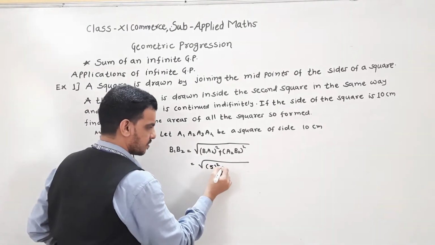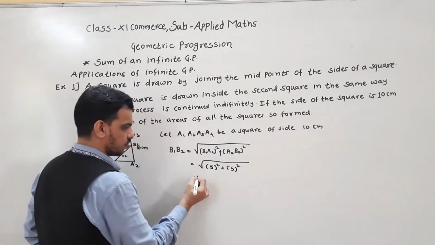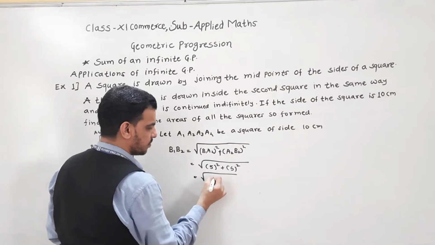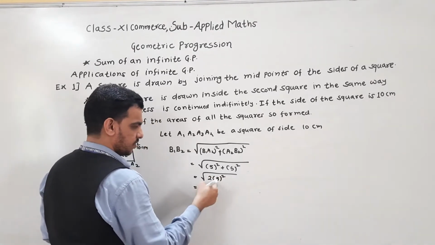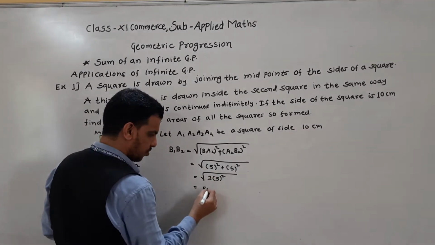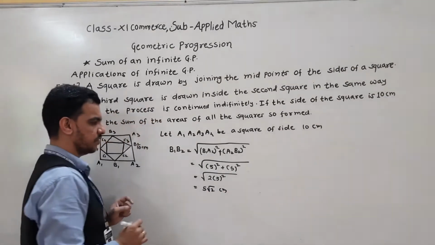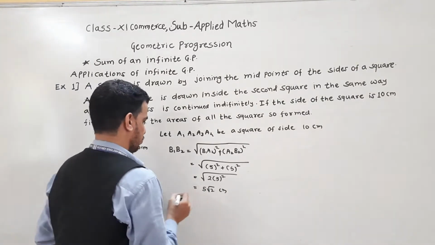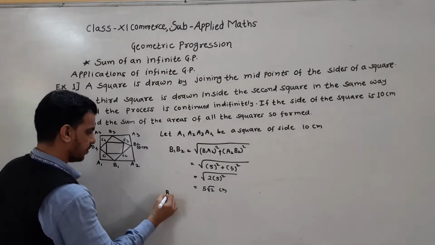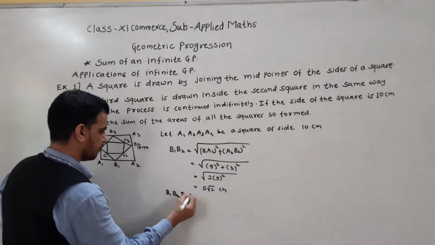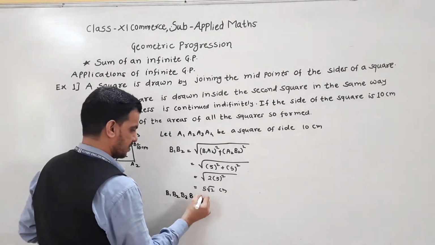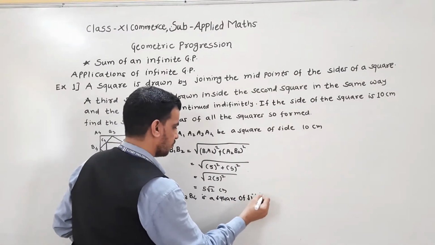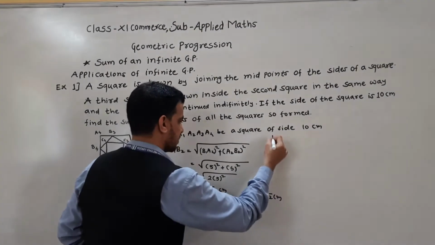So 5 square plus 5 square, that is 25 plus 25, 50, or we can write 2 times 5 square. So it is 5 root 2 centimeter. So second square has side 5 root 2 centimeter. So here we can write B1, B2, B3, B4 is a square of side 5 root 2 centimeter.